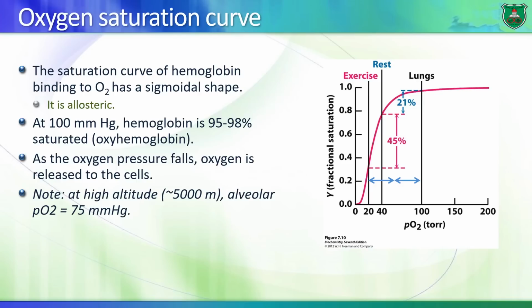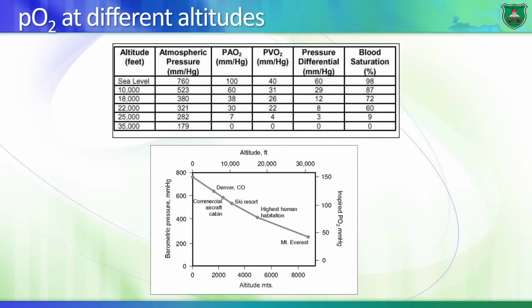This is really important as well in different altitudes, and we'll talk about how it's regulated in the next lecture. At sea level we have a lot of oxygen, right? But as you go up to high altitudes, to mountains, for example, the atmospheric pressure is greatly reduced. This results in a reduction of arterial oxygen, so instead of 100, it's about 60.